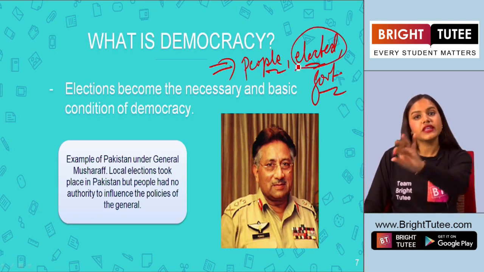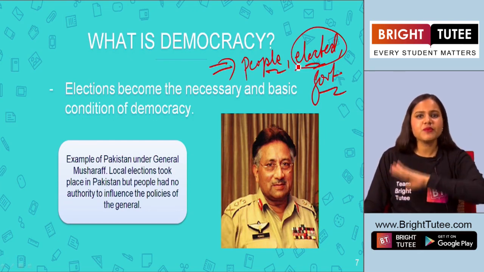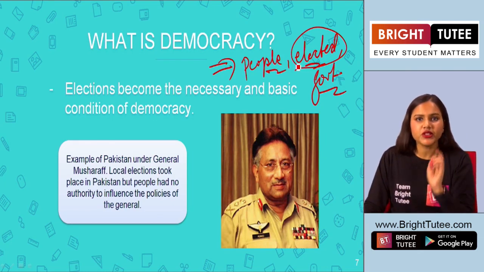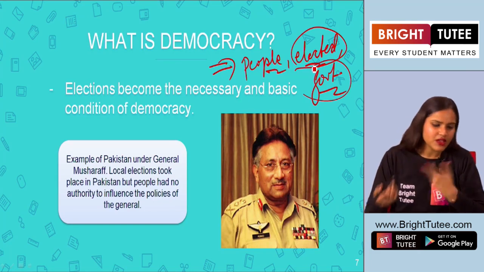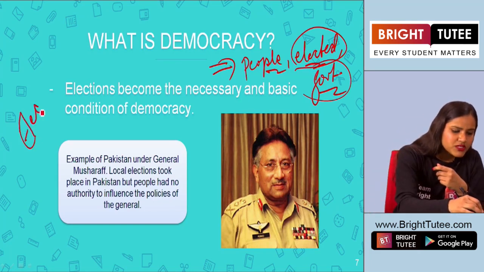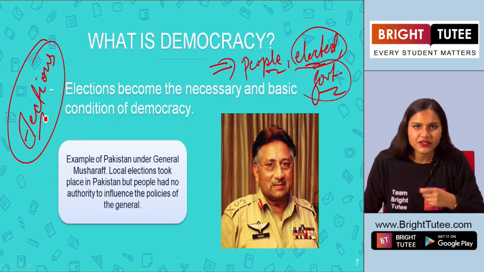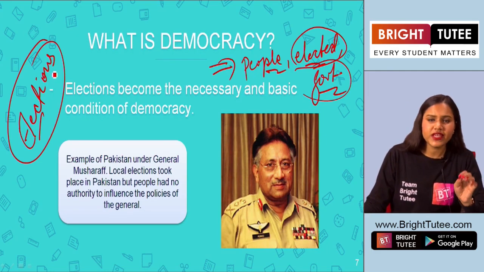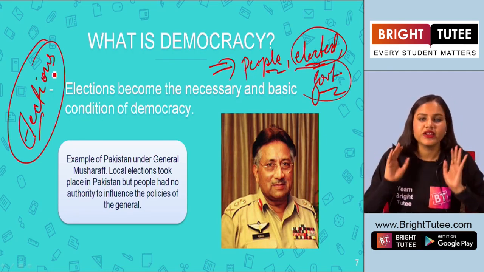I told you that the term elected means that there is a process through which the people have the supreme authority to elect their government. Now what is this process, students? You all are aware of this process that happens in our country as well after every 5 years, right? So these are the general elections that take place in our country, or in any other democratic countries.